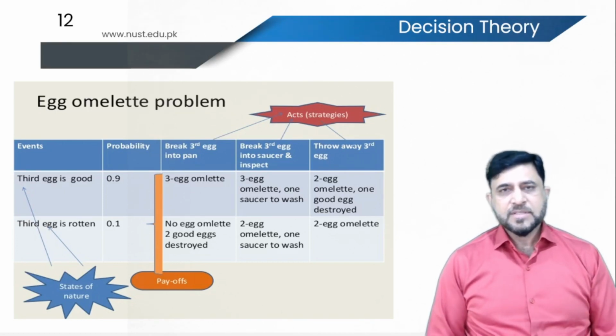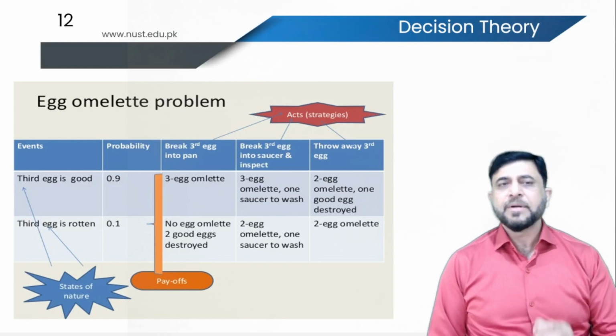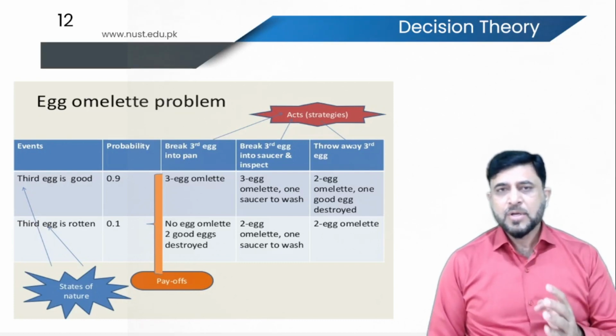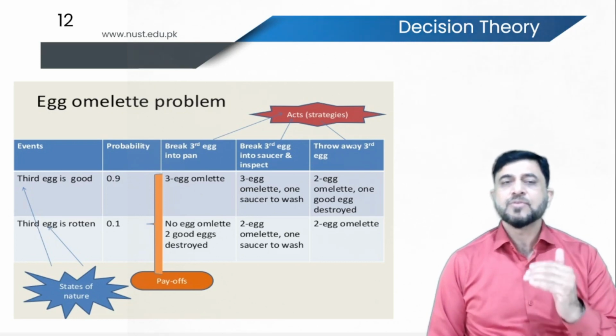Then, what is the third one? Throw away the third egg. Means 2-egg omelette. You will get only a 2-egg omelette. 1 good egg will be destroyed. It had probability of 0.9 and you have destroyed it only due to doubt. So, these are the payoffs if the third egg is good.